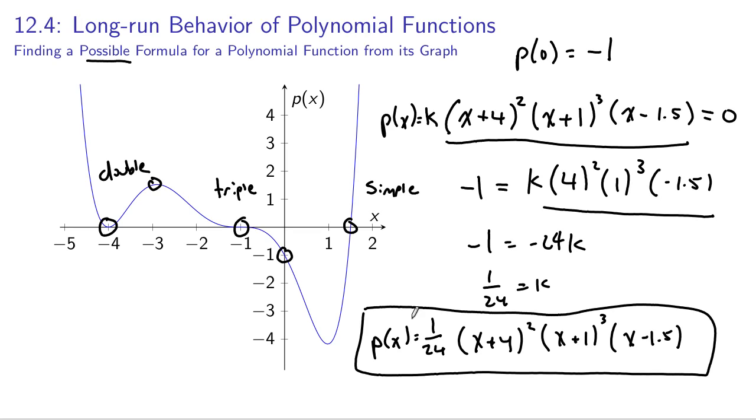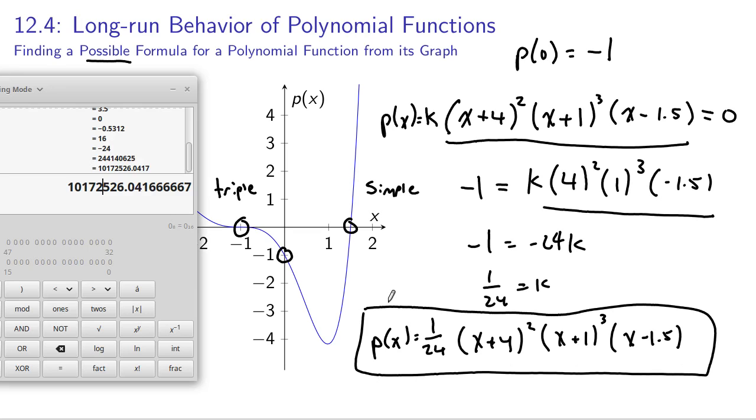So if we were to put into this equation the whole thing, we would get the exact answer. 25 plus 4 squared times 26 cubed, since 25 plus 1 is 26, times 25 minus 1.5, and then divided by 24 gives us 14.4 million.